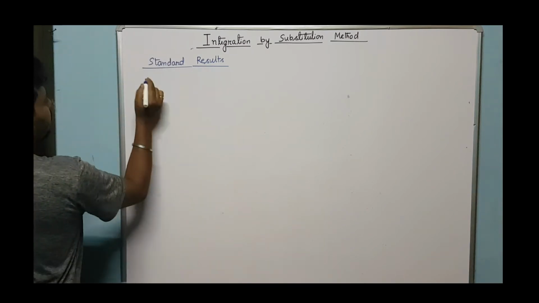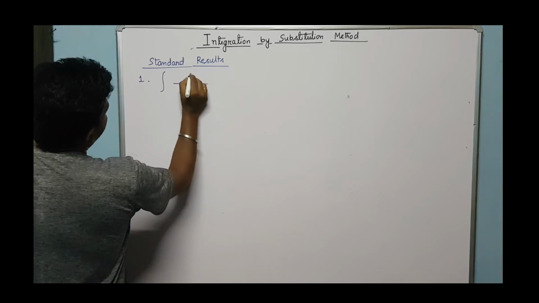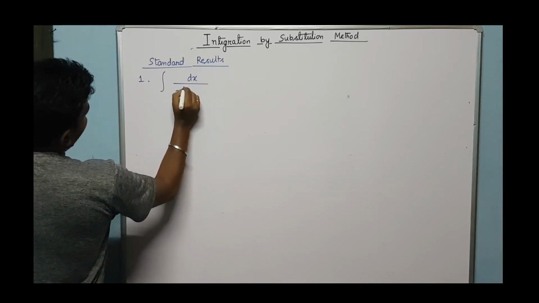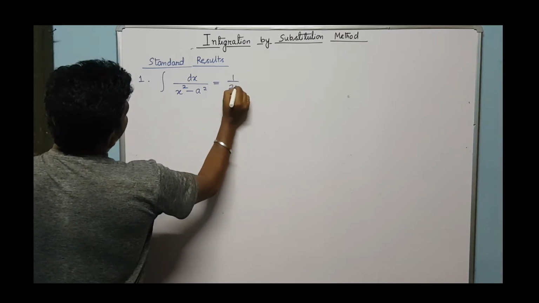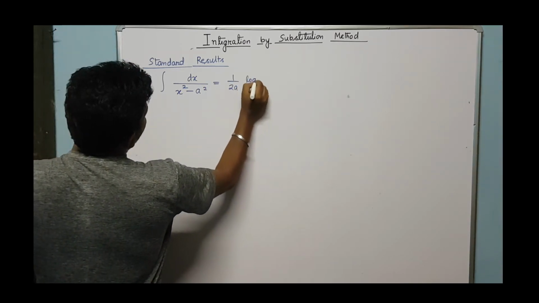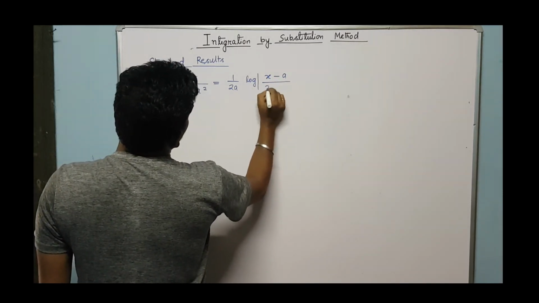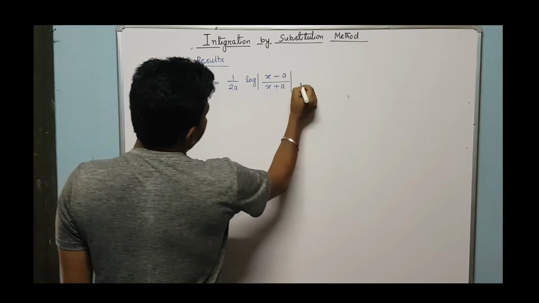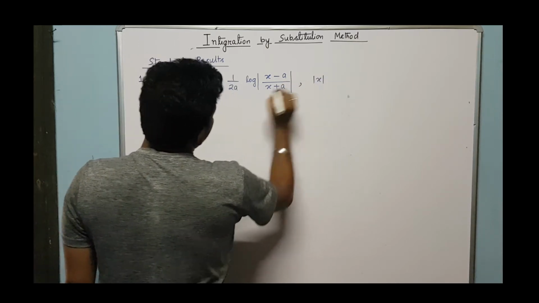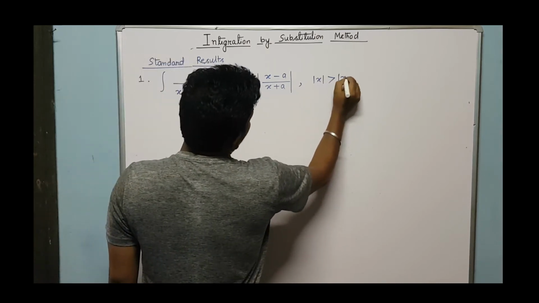Number 1, integration of dx by x square minus a square is equal to 1 by twice a log of mod of x minus a by x plus a mod. Here mod of x is greater than mod of a.